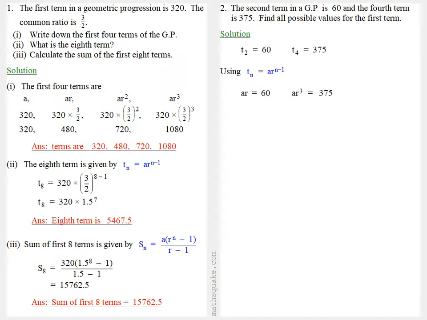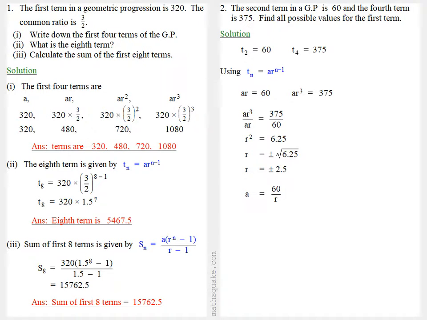Now if we divide the second equation by the first, we get AR cubed over AR is equal to 375 over 60. Which cancels down to r squared is equal to 6.25. Now if we take the square root of both sides, we get r equals plus or minus the square root of 6.25, so r is equal to plus or minus 2.5.